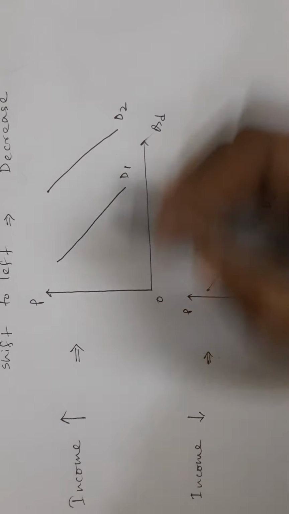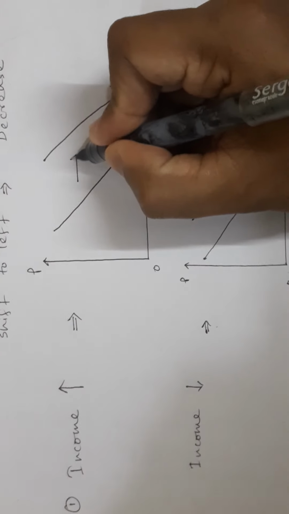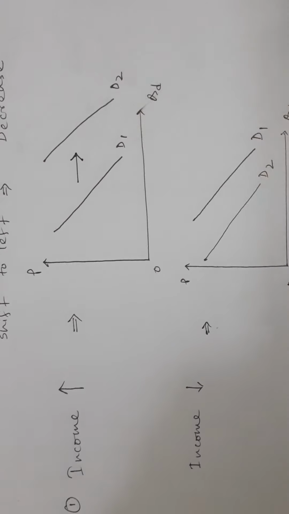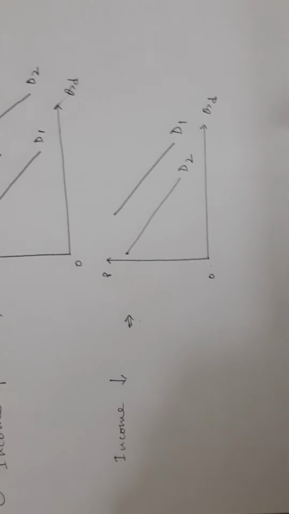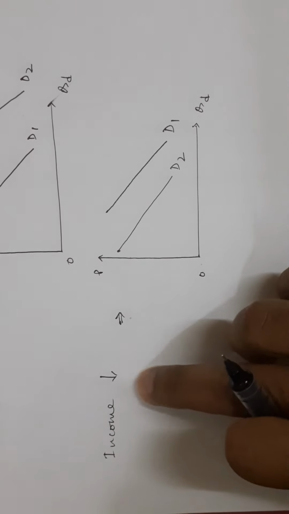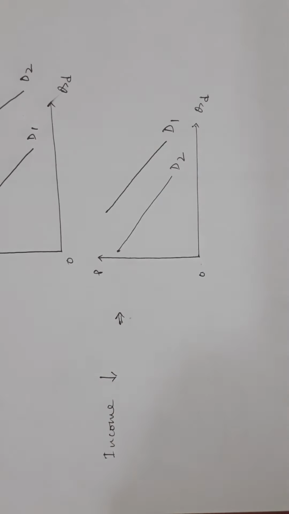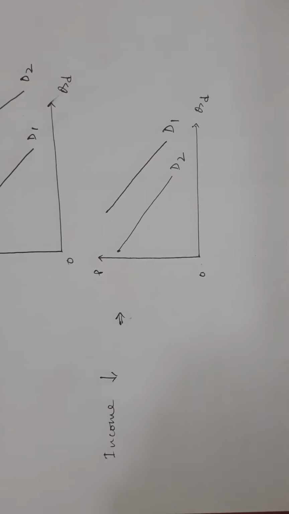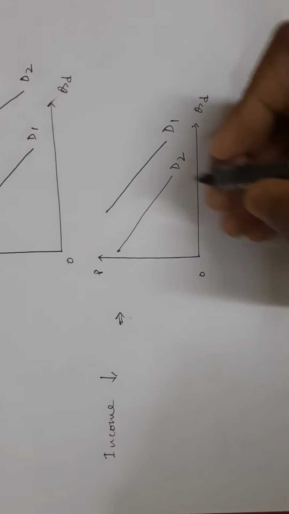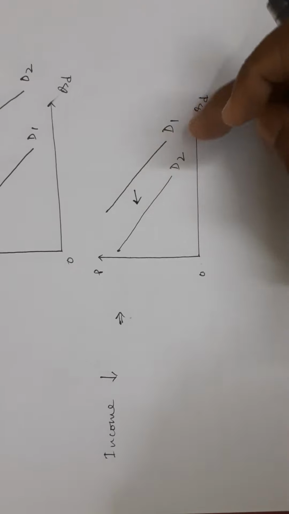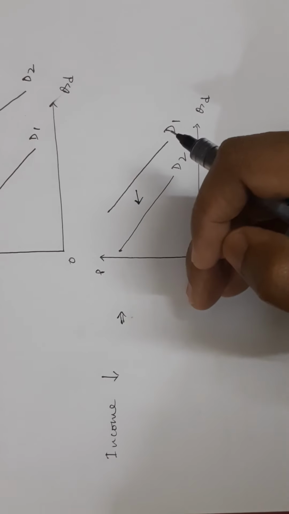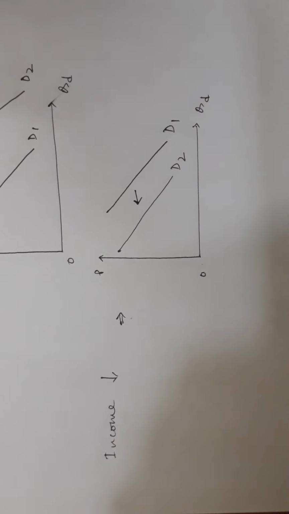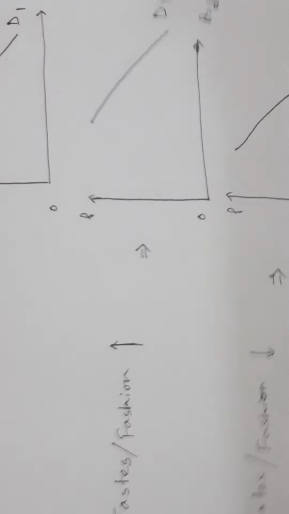So if income rises, demand will rise, and the demand curve will shift to the right from D1 to D2. On the other hand, if income falls, you have less money to buy, your purchasing power is lower, so your demand will fall and the demand curve will shift to the left from D1 to D2. This is how income affects the demand curve.